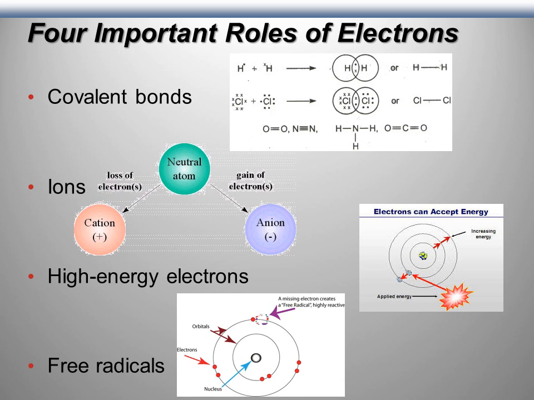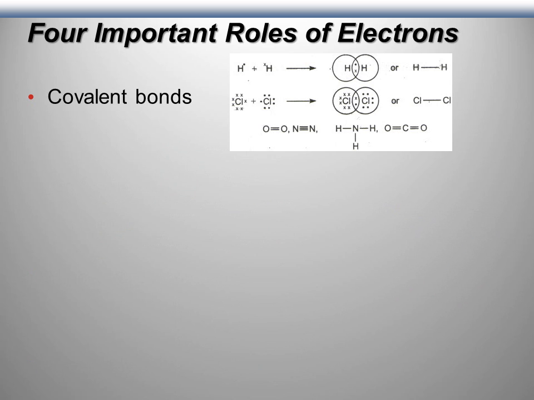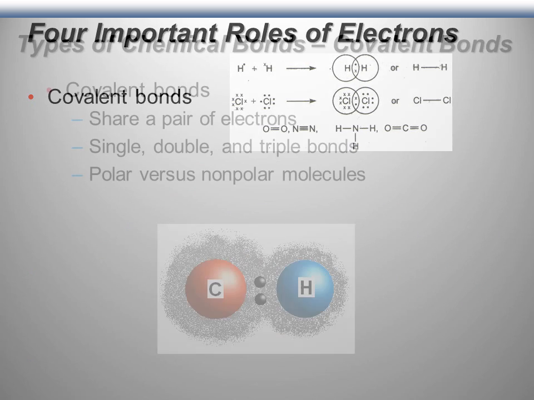And then lastly, free radicals, and these sort of coexist with high energy electrons. It has to do with the reactivity of the atom and the amount of energy that's present to form bonds and so forth. We'll go to each of these in turn. So let's start with covalent bonds.